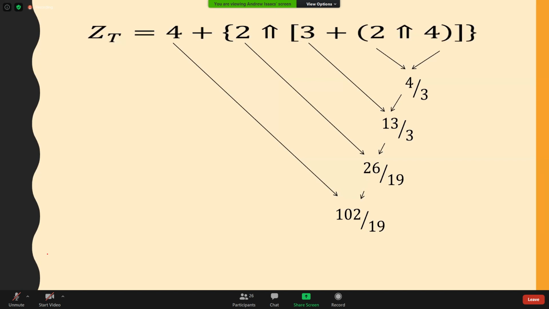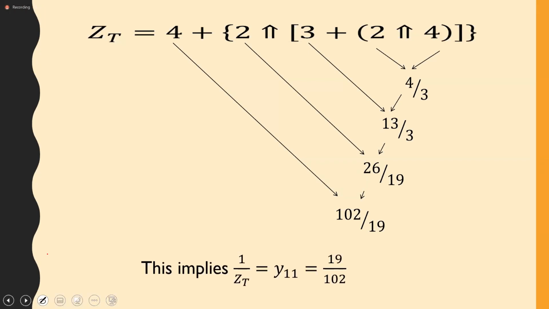So 1/ZT, which is, as we said earlier, Y11, is now 19/102.